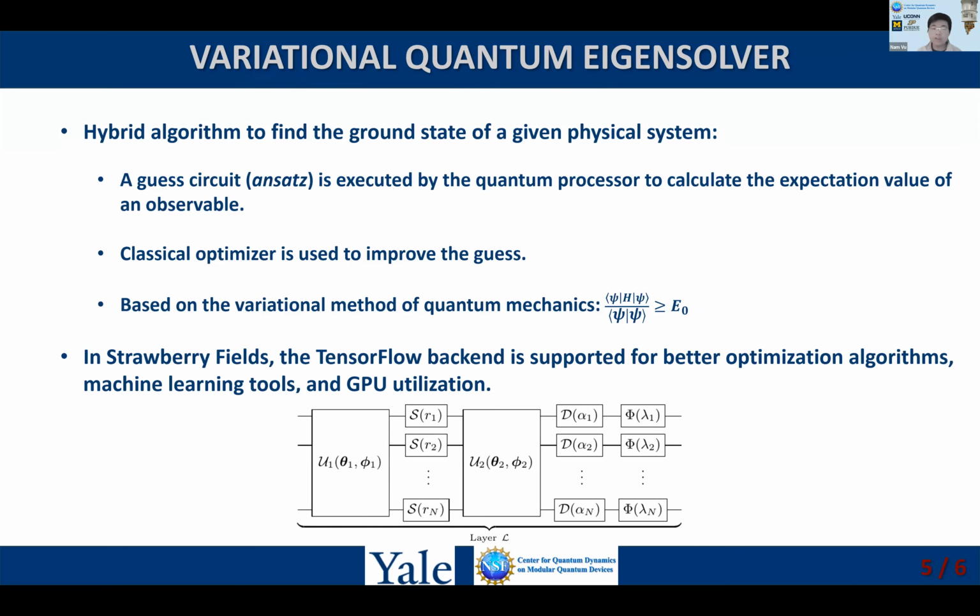In Strawberry Fields, the TensorFlow backend propagation is supported, and that means that we can do the variational quantum eigensolver even more efficiently. So that's the basics, and I'm going to jump in on how to implement that.